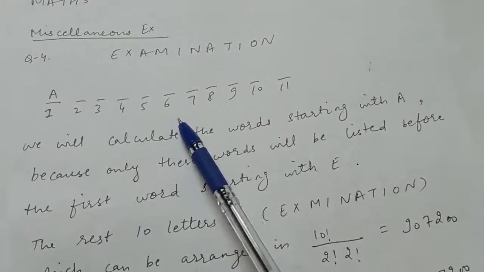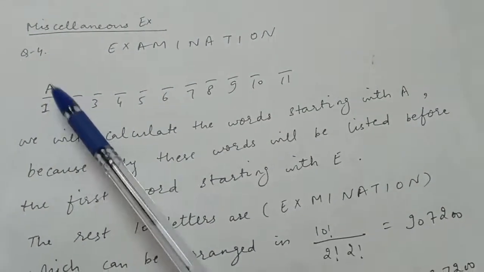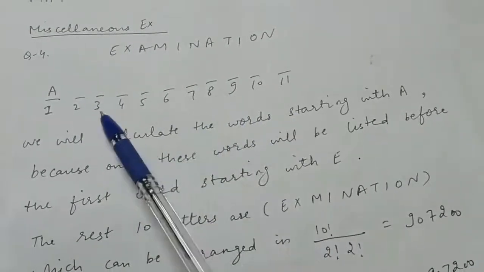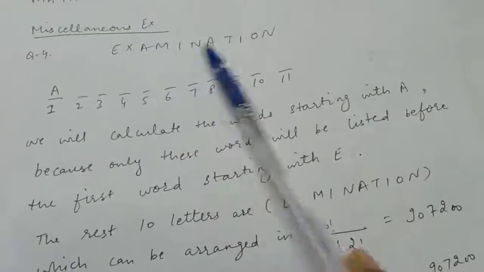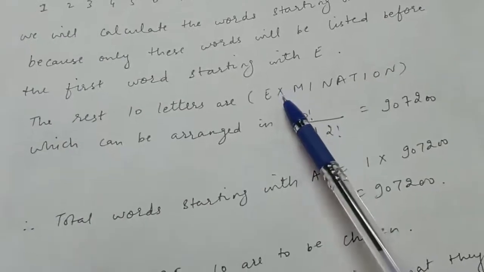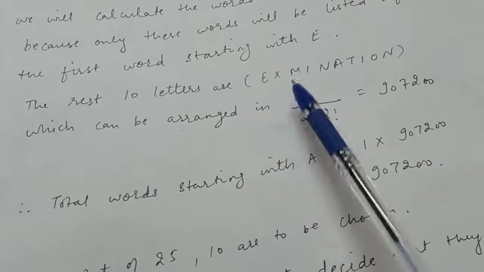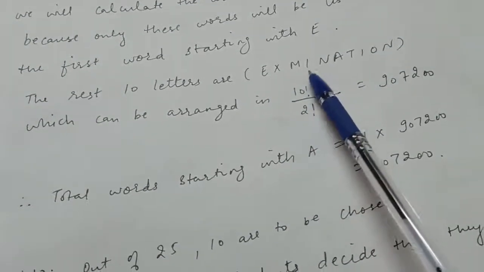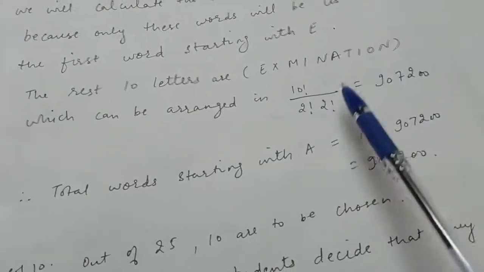Now, because we want to find the words starting with A, fix the first place with A. Right, now these remaining 10 places, and except one A, the remaining 10 letters are these. So these remaining 10 places can be filled with these 10 letters in 10 factorial divided by 2 factorial into 2 factorial, because I is repeating twice, also N is repeating twice.